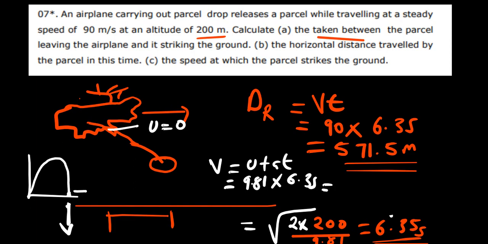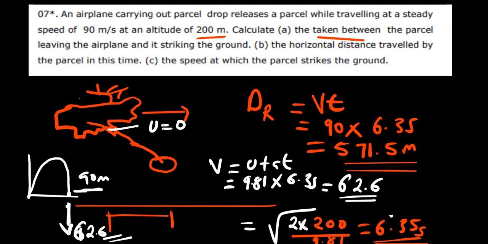When you do that, I'm getting 62.6. This will be the velocity when it hits the ground in the vertical axis, so it will be 62.6. This is in the vertical. But now in the horizontal, we've already been given it was traveling at a steady speed of 90 meters per second. So these are the two velocities that we have.